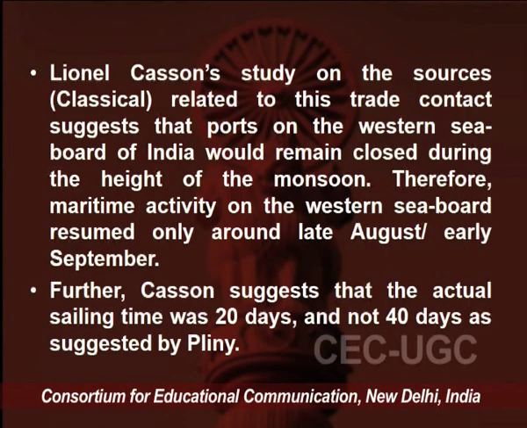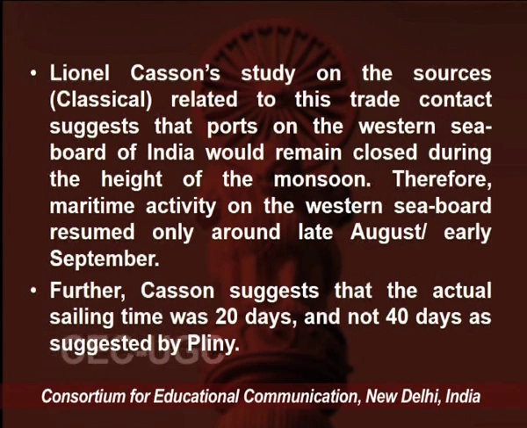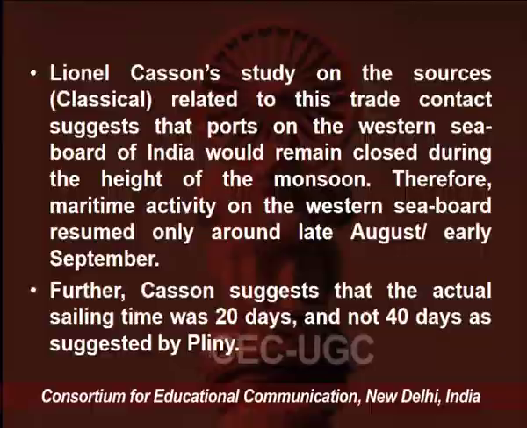So, that is something that comes out through Casson's study on these sources and their rhythm and timing and so forth. Further, Casson also suggests that the actual sailing time perhaps was not 40 days, but only 20 days.